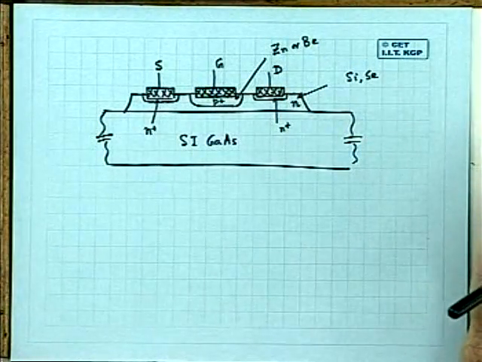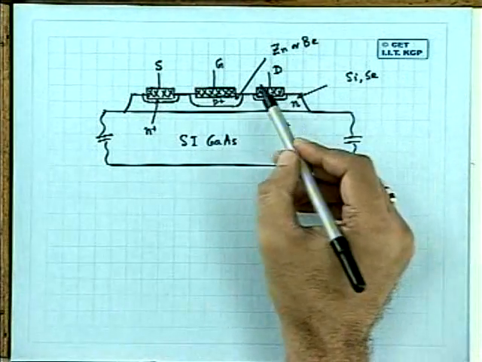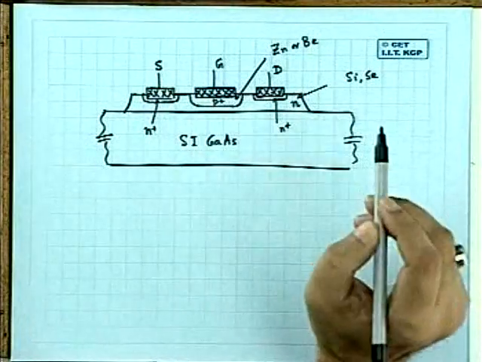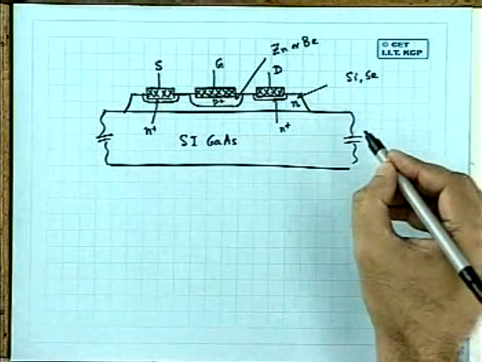So this technique is as follows. You take a semi-insulating gallium arsenide substrate on which you epitaxially grow an N-type gallium arsenide epitaxial film.